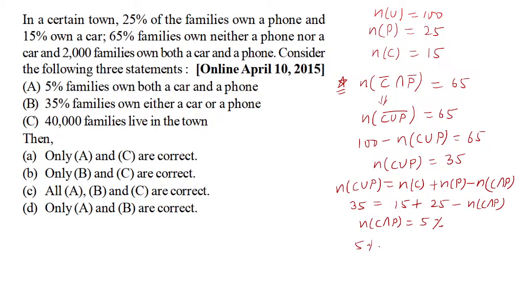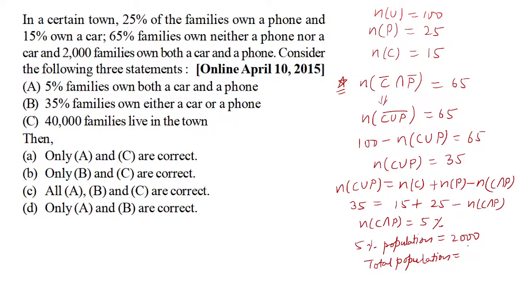So that means 5% of the population is supposed to be what? As per their information, it is supposed to be 2000 families. So the total population will be what? It is just a matter of percentages.